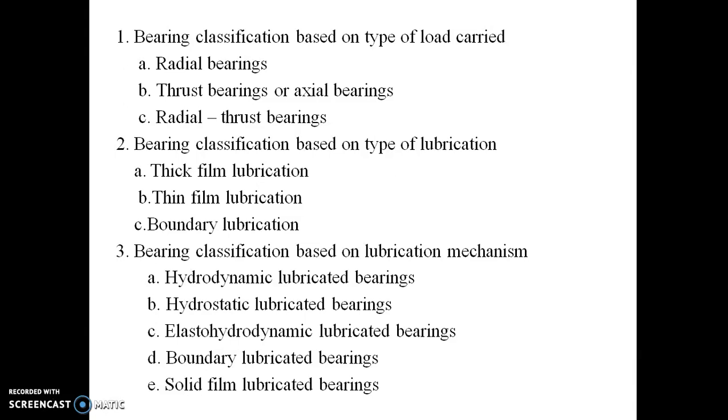Second type, the bearing classification based on the type of lubrication. The first one is thick film lubrication, then thin film lubrication and the boundary lubrication. The first one, thick film lubrication. In this type, the surfaces are separated by a thick film of lubricant and there will not be any metal to metal contact.